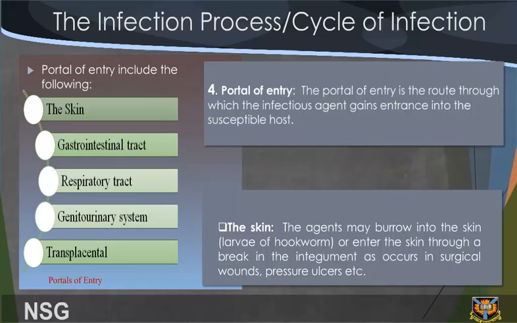The skin: the agent may burrow into the skin, for example larvae of hookworm, or enter the skin through a break in the integument as occurs in surgical wounds, pressure ulcers, etc.